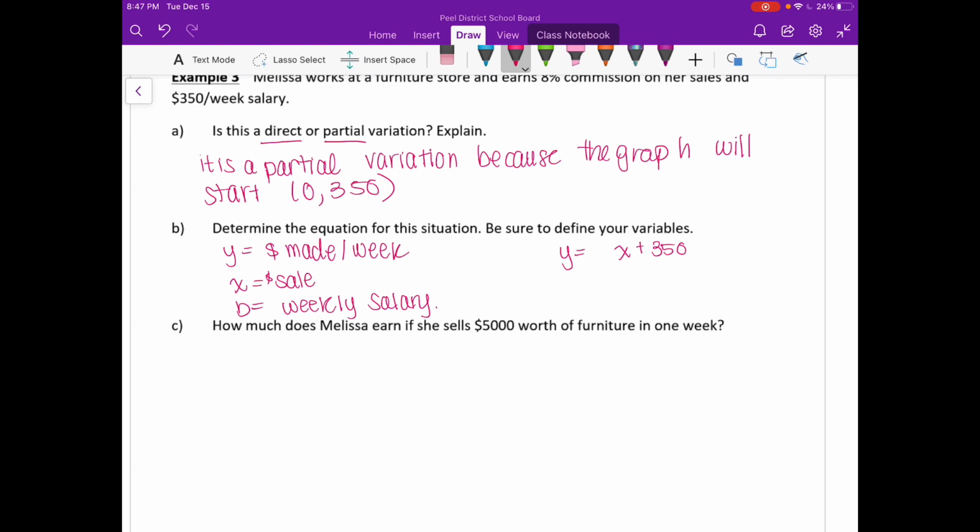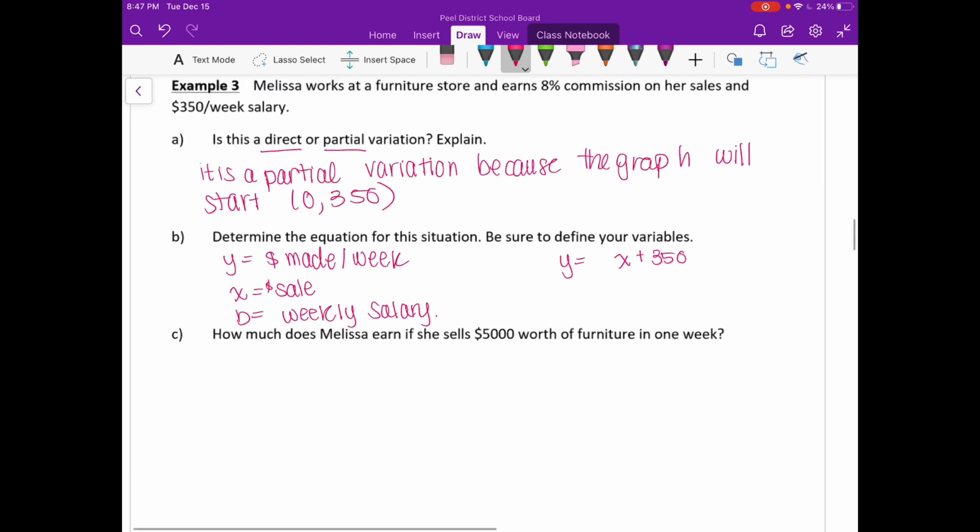How do I know how much it is going to go up by every time she makes a sale? It says she earns some amount of commission on each of her sales. 8%, right? So she earns 8% commission on each of her sales. So we're going to put the 8% in front of the X. It's going to go up by 8% every time she makes a sale. So I have Y equals 0.08x plus 350.